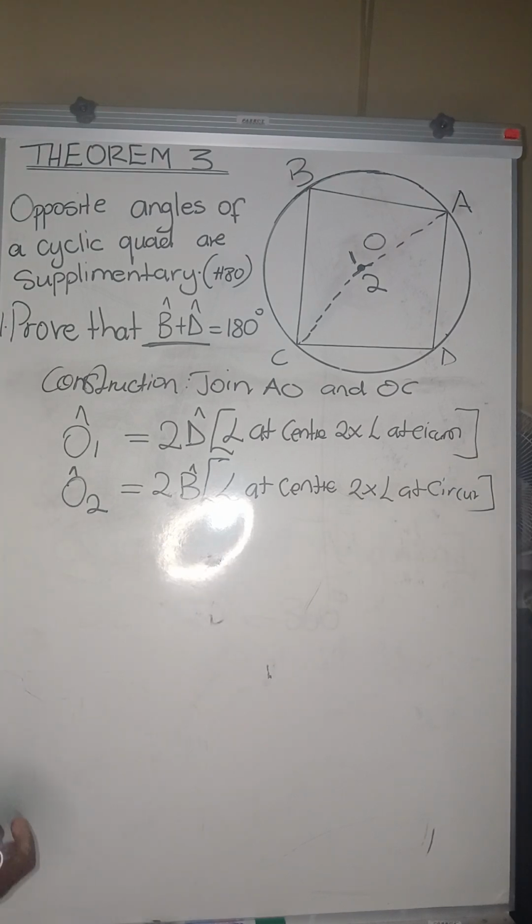We all know that the angles that revolve around the center add up to 360, which is a revolution.